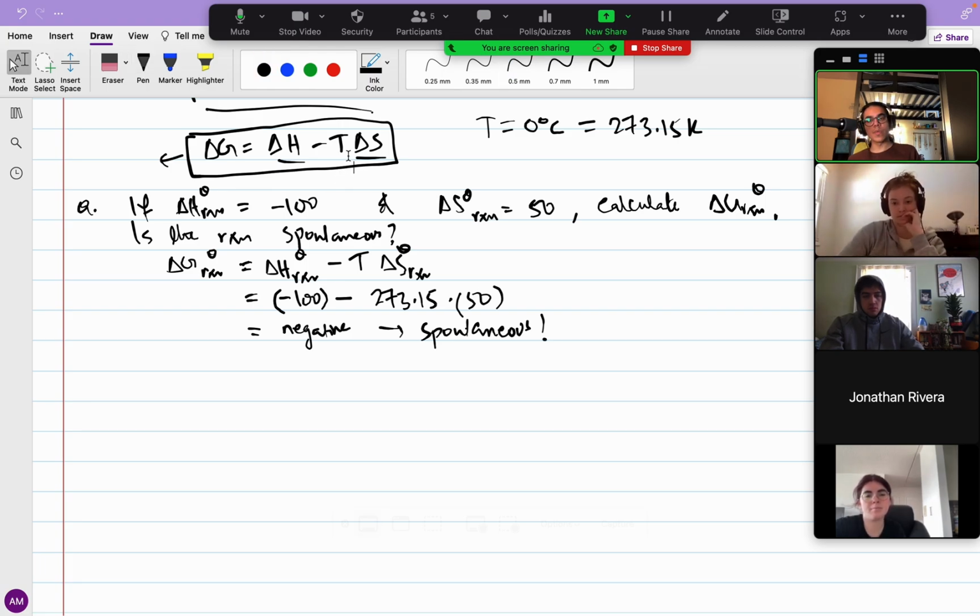So if you know what the temperature is, what the enthalpy is and what the entropy is, you can calculate delta G, no questions asked. You have all the information you need. But suppose we don't know what the exact values are. All we know are the signs on delta H and delta S. How much information can we derive in that case?